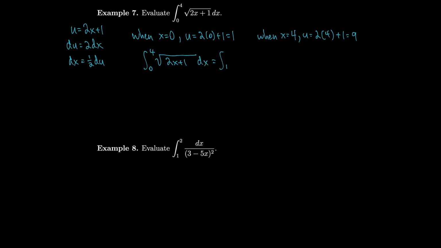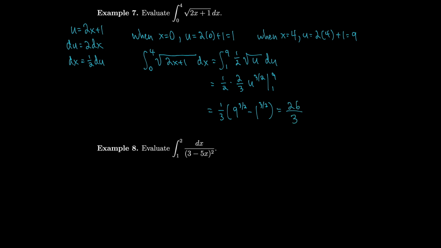So this becomes the integral from 1 to 9 of half square root u du, which is half times 2/3 u to the 3 over 2 from 1 to 9. So that's just going to be 1/3 times 9 to the 3 over 2 minus 1 to the 3 over 2, which is 26 over 3.